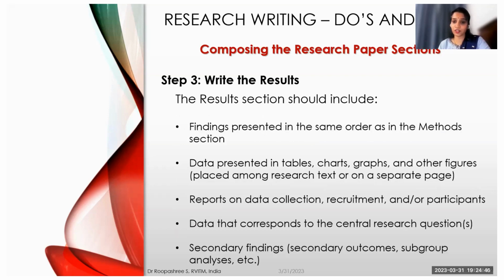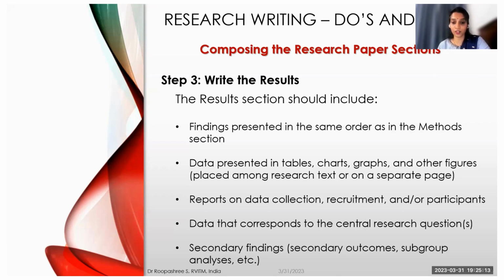The results section should include the following: the very basic, very important findings, presented in the same order as explained in the method section. So we have to give the findings according to the approach or the techniques that we have applied, one after the other. The data presented in tables, charts, graphs, and other figures are to be detailed here.